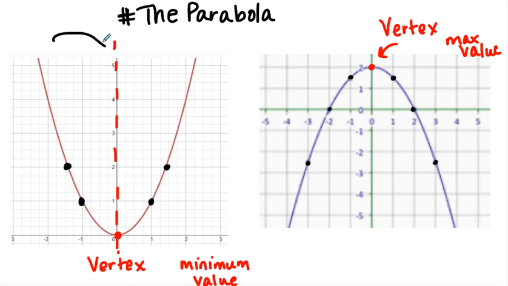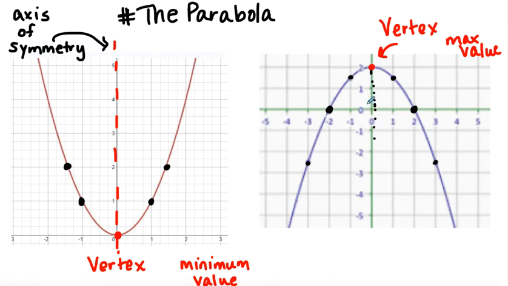So we call this the axis of symmetry. Now on the one on the right, you might see there's some other points. I see right here I've got x-intercepts. And again, they are equally distanced from that axis of symmetry. So any point on a parabola can be reflected over that line.